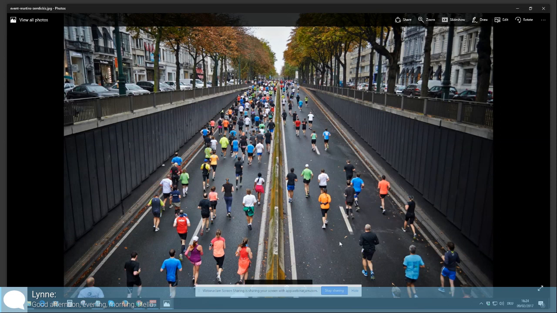It's a marathon on a road in a city. Okay, I think it's the London Marathon, don't quote me on that. But they're all nouns, and there's lots of nouns in this photograph. All nouns. Okay? So events are also nouns.